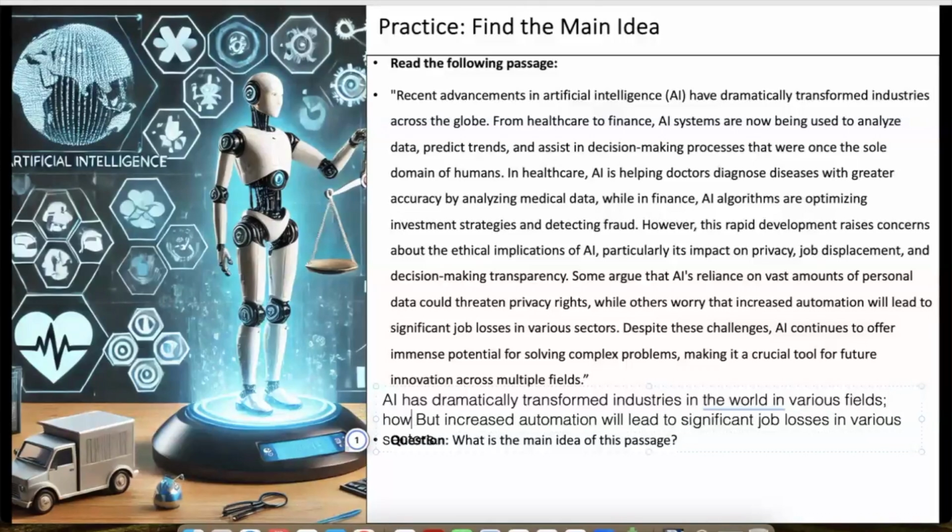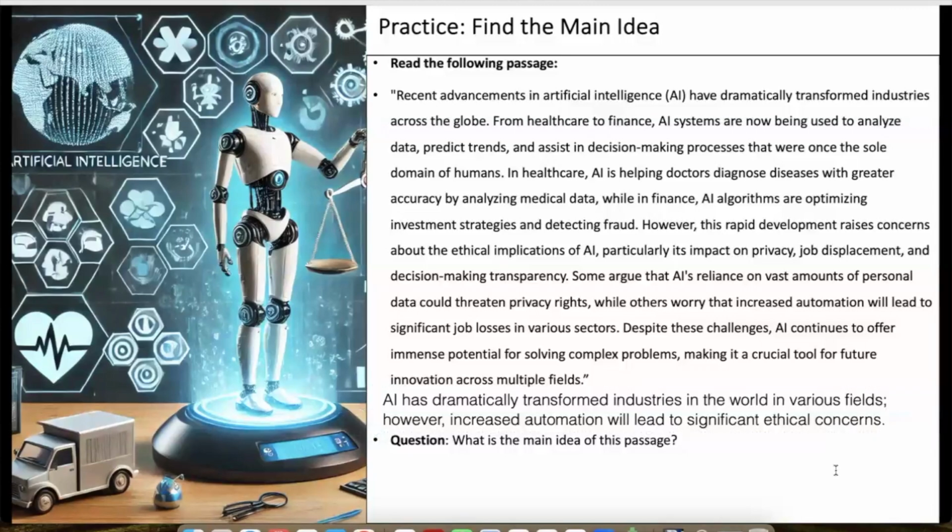However, because I told you we can use it as one single sentence: however, increased automation will lead to significant job losses. It can't say only job losses; you could say ethical concerns. That's it.